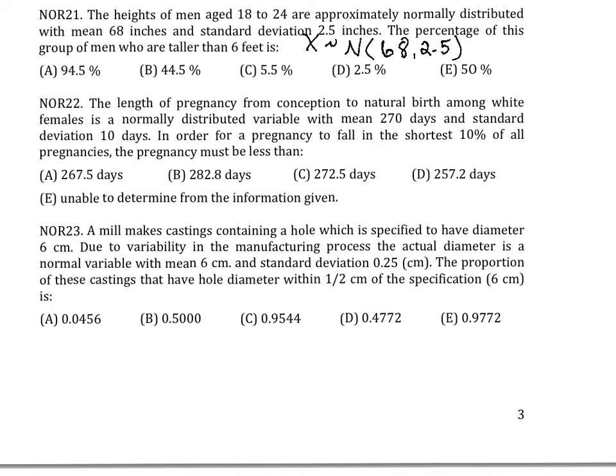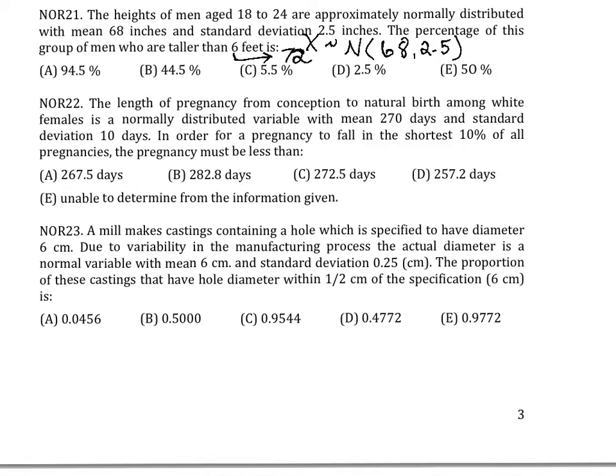The percentage of this group of men who are taller than 6 feet is, well, we have to change this question to correspond to the information we have. The information we have is in inches, so we need to translate this into inches. 6 feet times 12 is 72 inches.